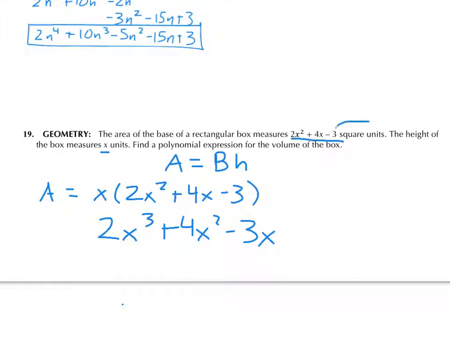So this was in square units, this was in units, so if we multiply those we should have cubic units. And one correction, this should actually be volume, not area. So change that to capital V.